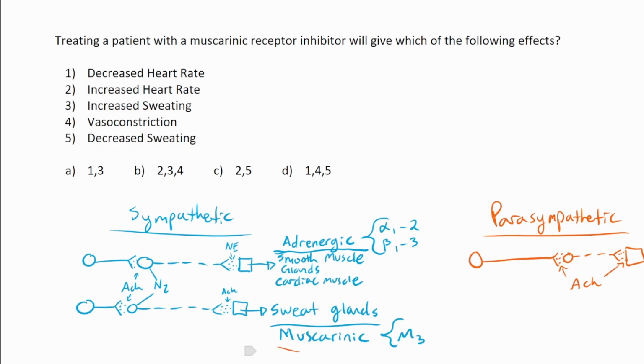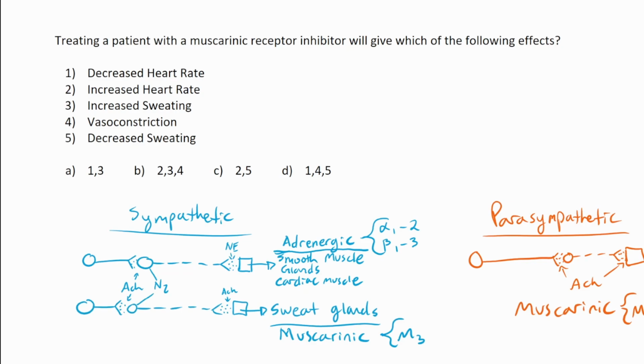And if you can guess from the muscarinic and acetylcholine there, these are controlled by muscarinic receptors, M1 through 5. Okay.